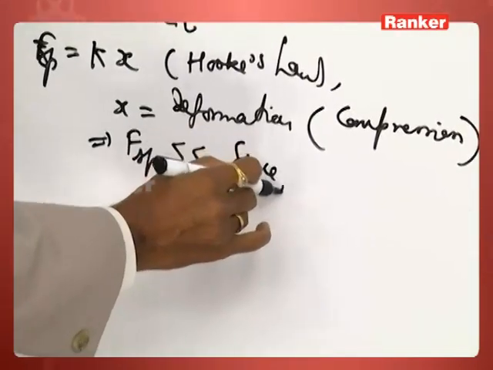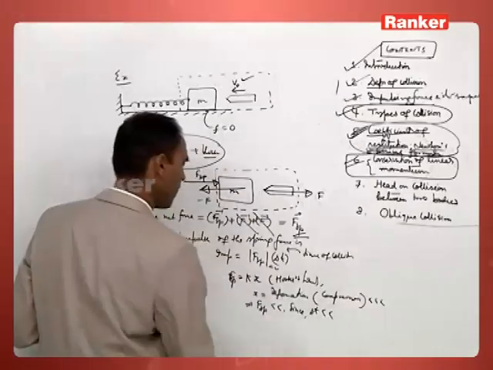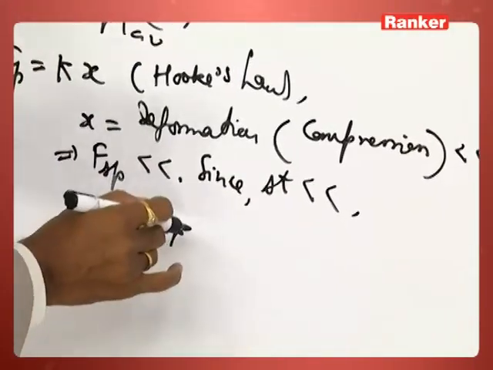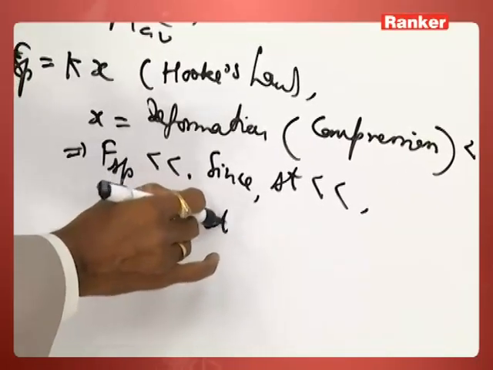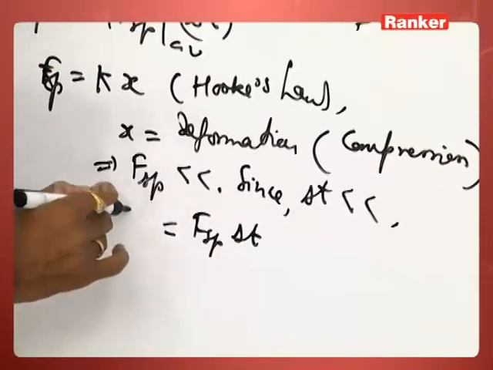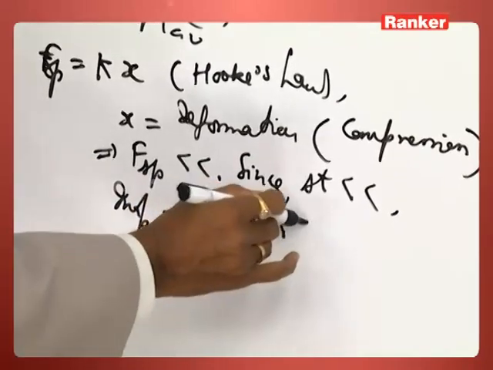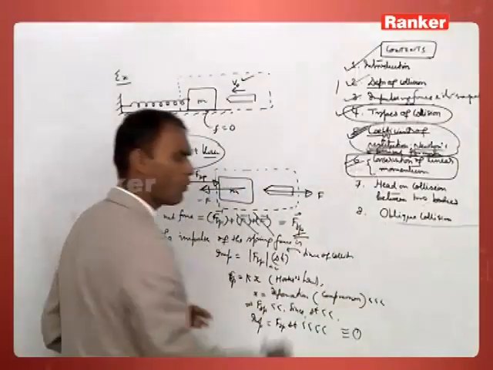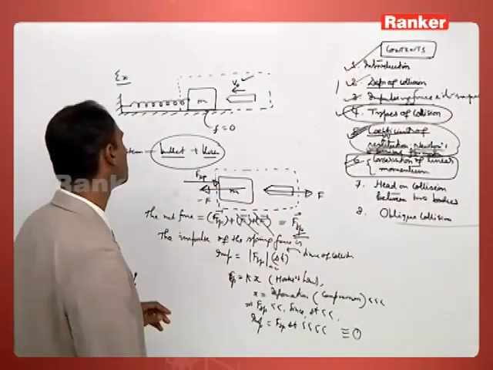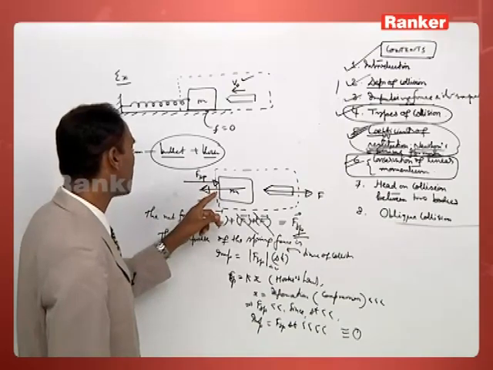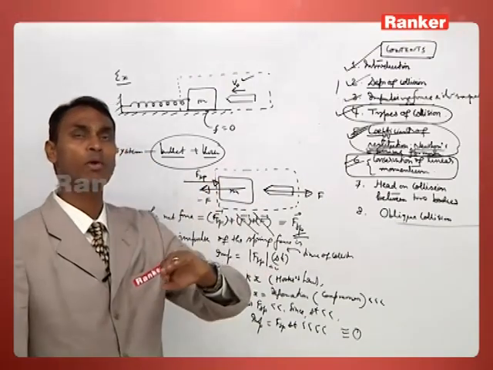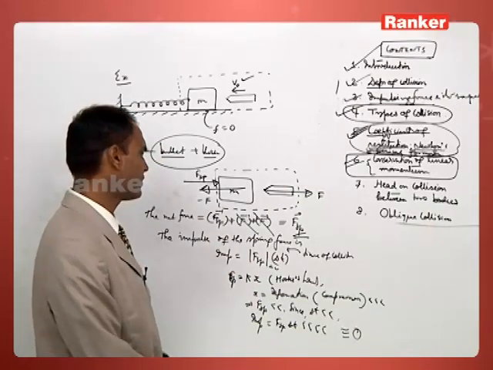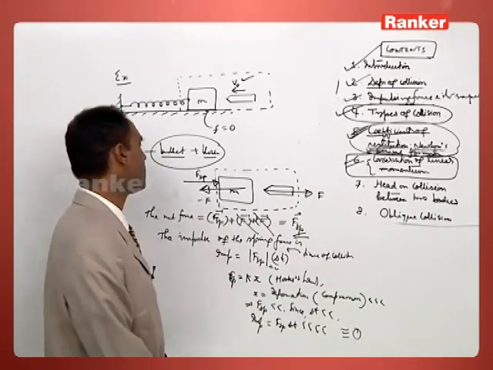Since the time of collision is very, very small, the impulse of the spring force, the product of the spring force and the time of collision, that is the net impulse, will be an extremely small quantity, which can be equated to 0. In this way, we can conserve the linear momentum of the system just before and just after the collision. During the collision, you can conserve the linear momentum of the system.